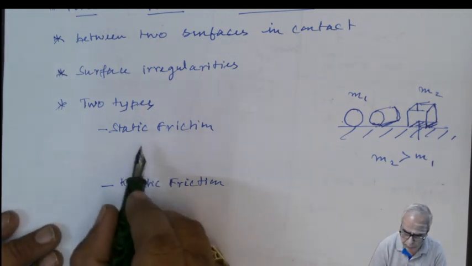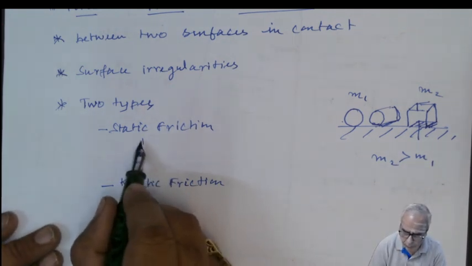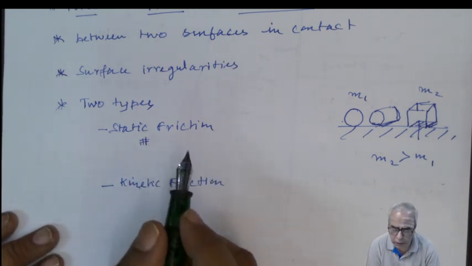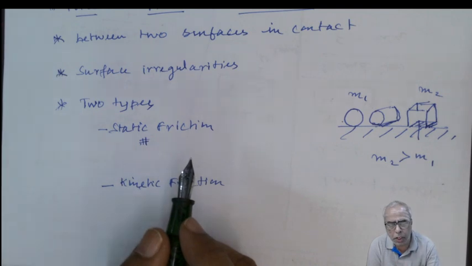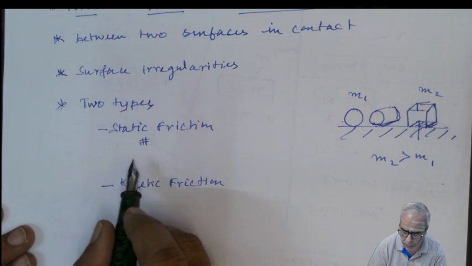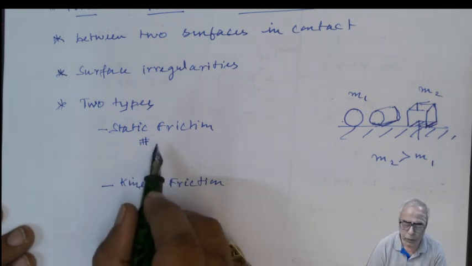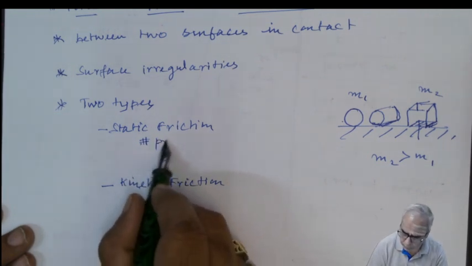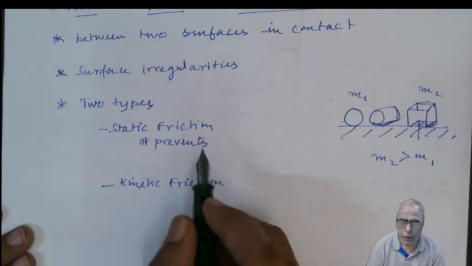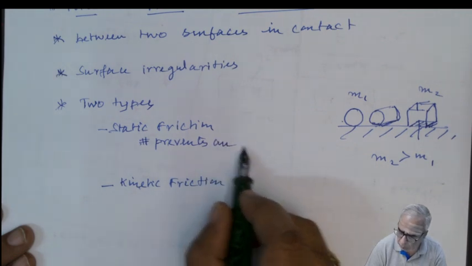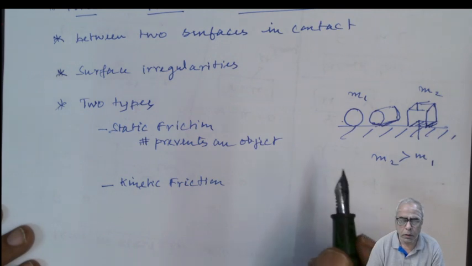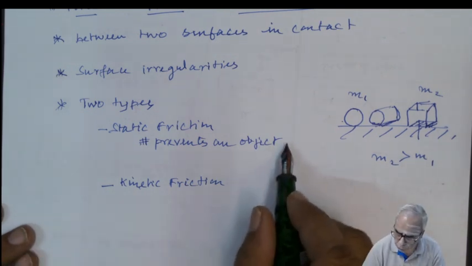Static friction is this type. Actually, it prevents an object from starting to move when a force is applied on it.